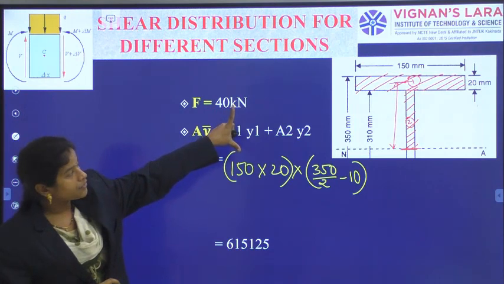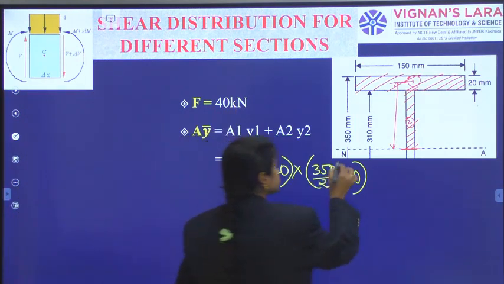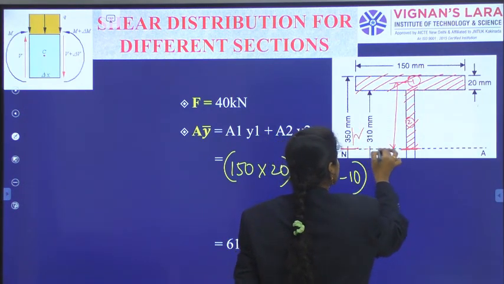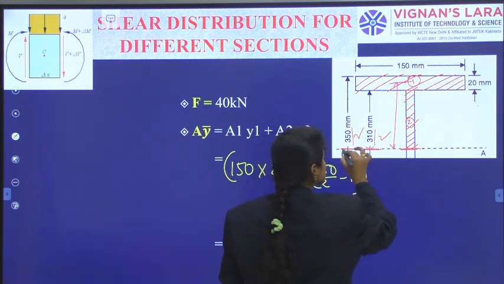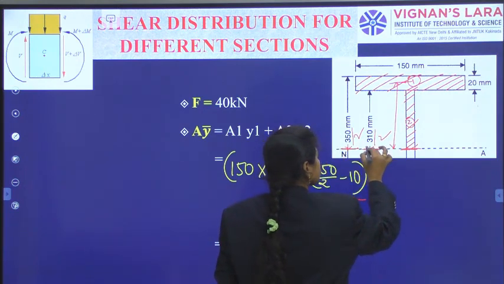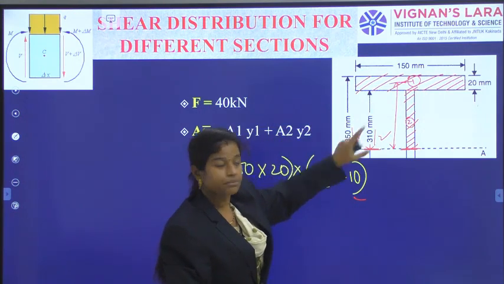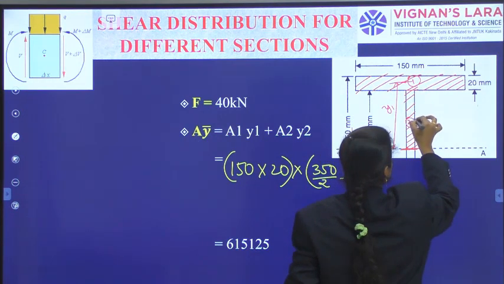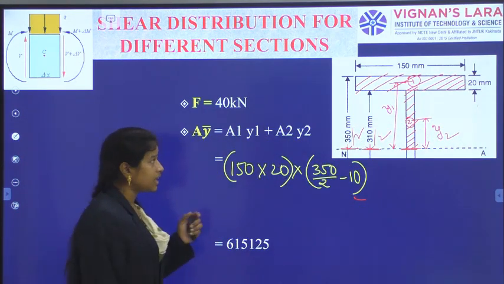Out of 350 by 2, the measurement I should indicate is this one, 350 by 2, and this one is 310 by 2, right? Because up to this measurement it is 350 by 2 and this one is 310 by 2, and this will be indicated as y1, and for this also there is a centroid, and that one is y2.